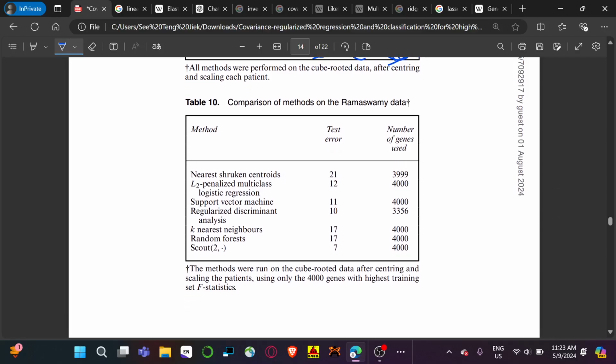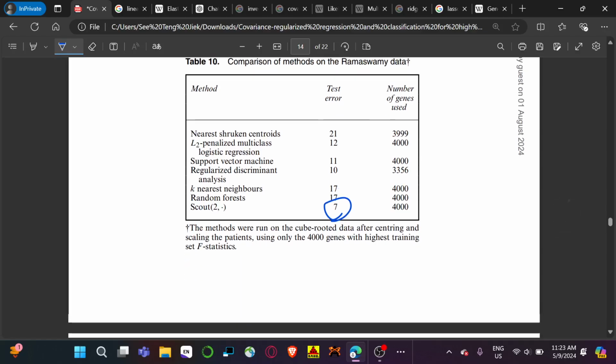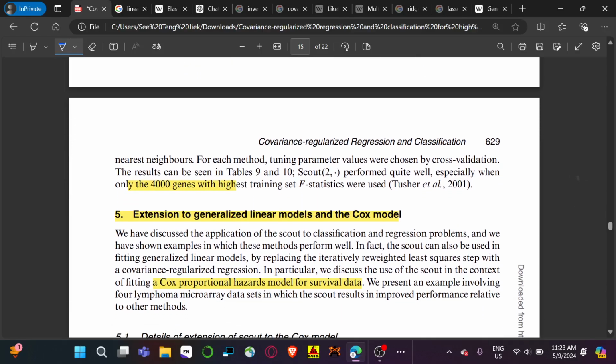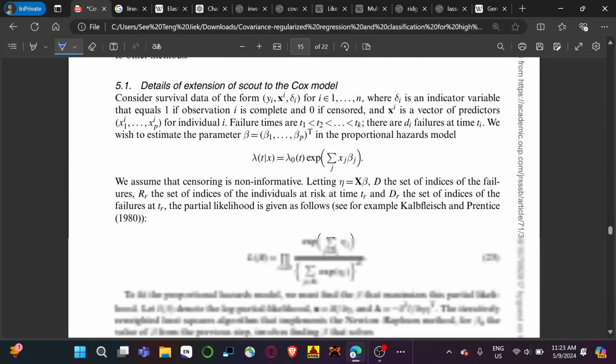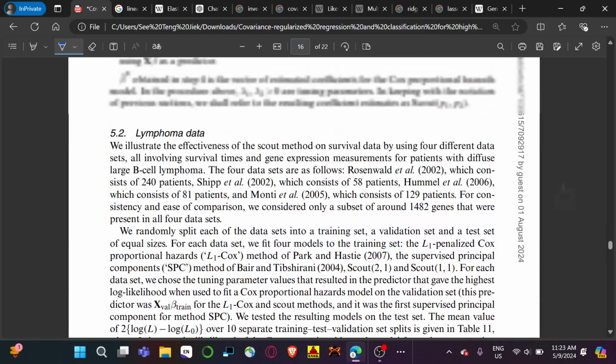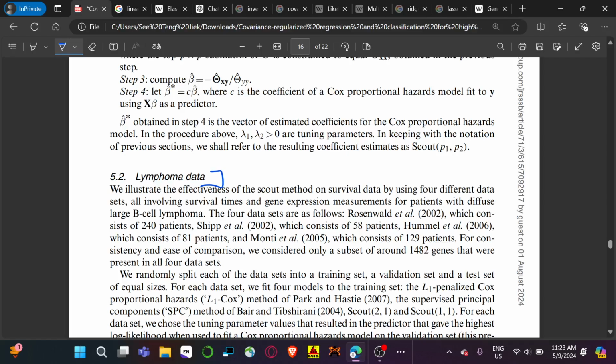Okay, if we compare the test error, 7. Okay, right. So it scores 7. Not so sure what the units are. Pretty sure it's described in the paper. But yeah. Okay, and there's more data sets here.